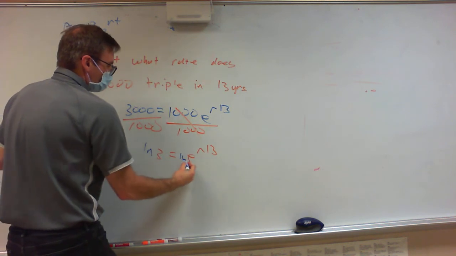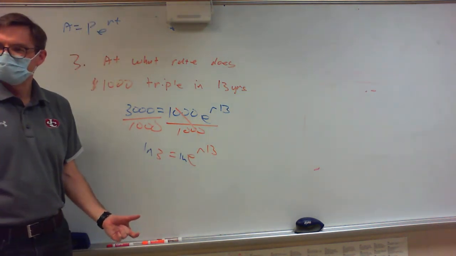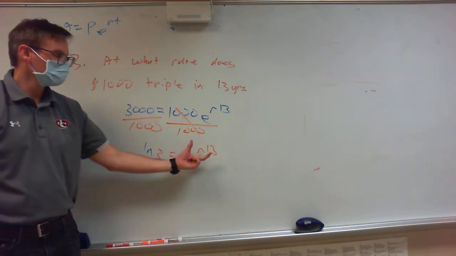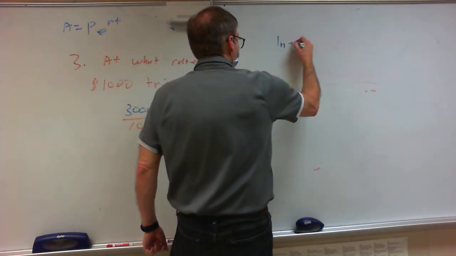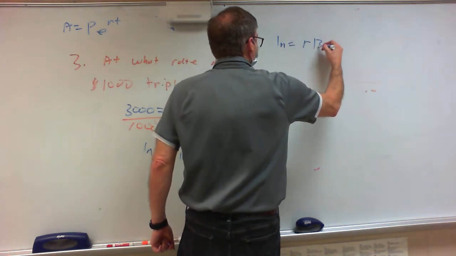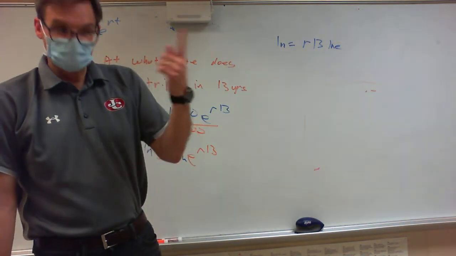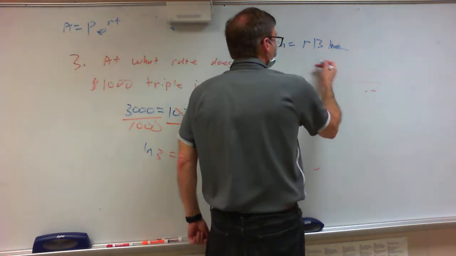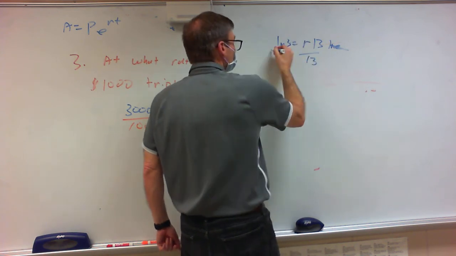So I take natural log of both sides, and we do that so we can put this down in front. So it's going to give me natural log of 3 is equal to r times 13 natural log of e. But what's natural log of e? It's a 1. So now I natural log of 3 divided by 13.